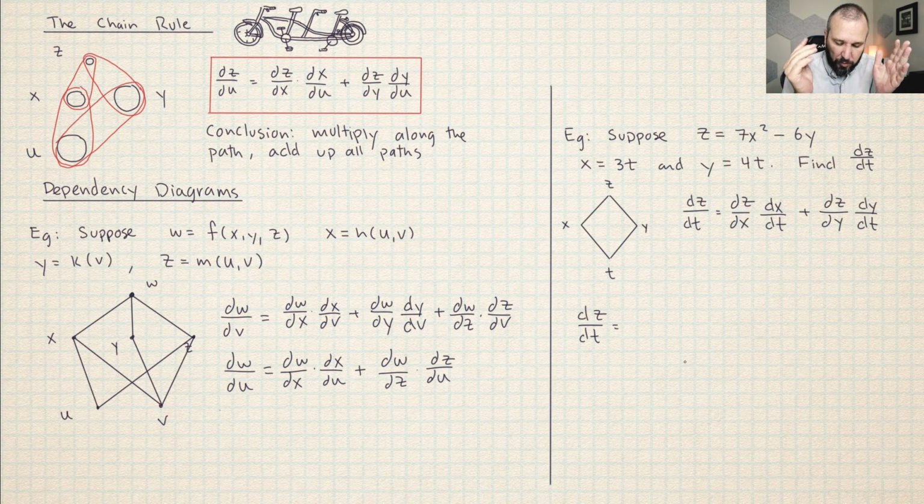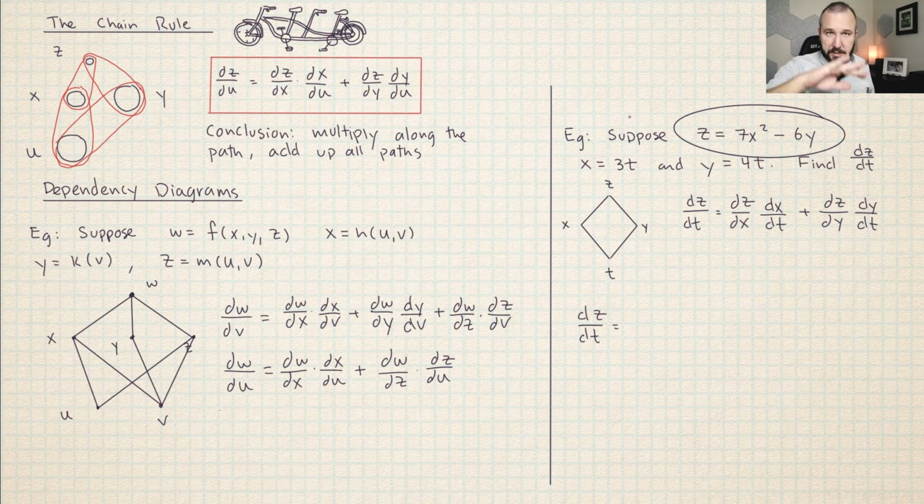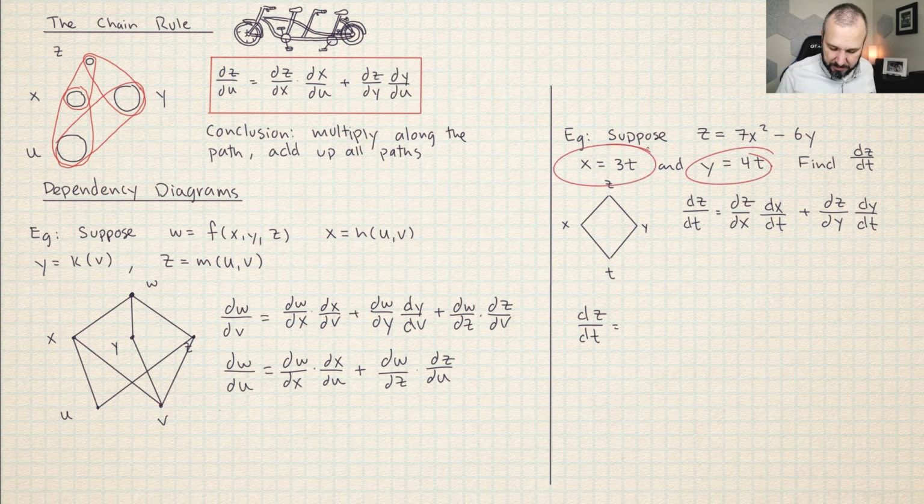So here's a problem where z actually represents a surface that sits above the xy plane, and then x and y both depend on t. Oh, I've been a little bit of a bad teacher here. Z really is a function of multiple variables, so this should be del z del t, and I should fix these as well.